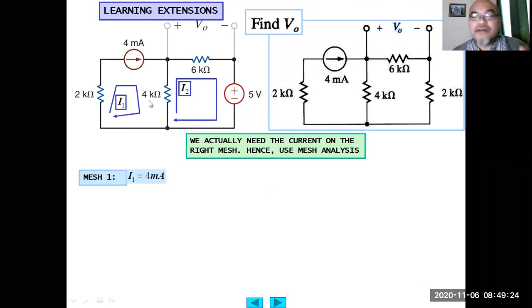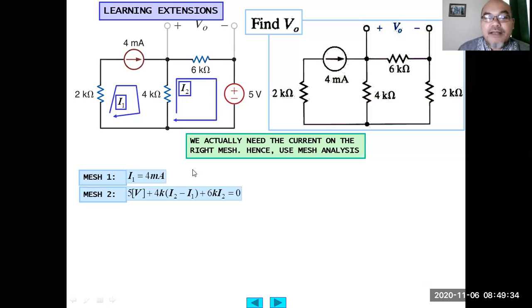So here the loop current or the mesh current equals the current in the branch because of the existence of this independent current source. So I1 equals 4 milliampere. So from mesh 2 here, if we depart from here, this is voltage drop 5 volt, then going through here, plus 4 kilo times I2 minus I1, plus 6K multiplied by I2 equals 0.